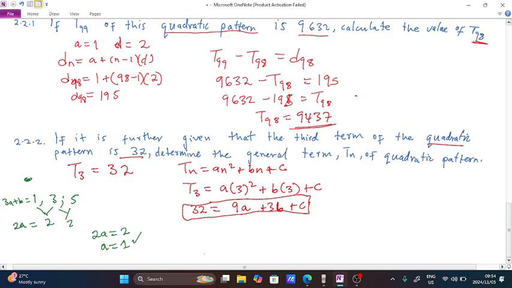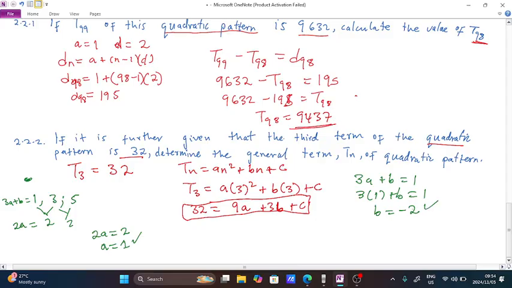Then now let's get the b. When you get to b, you say 3a plus b equals 1. But what is the value of a? 3 into 1 plus b equals 1. So in other words, b equals -2.